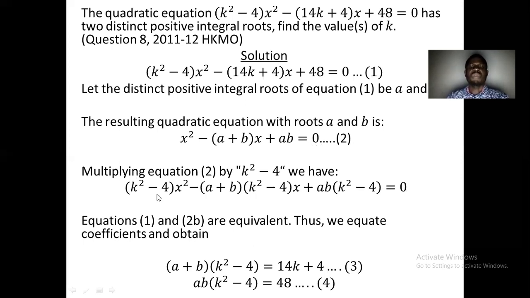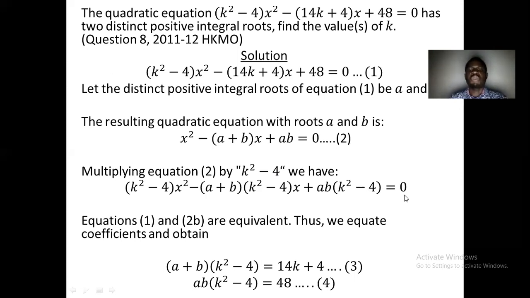Now, if we multiply equation 2 by k^2 - 4, we'll have (k^2 - 4)x^2 - (a + b)(k^2 - 4)x + ab(k^2 - 4) = 0.